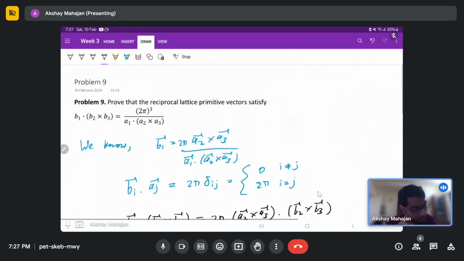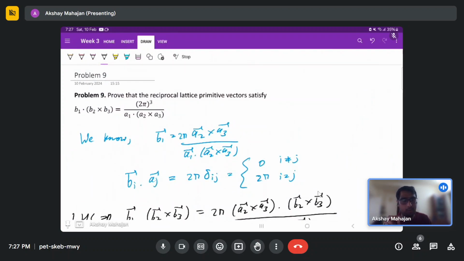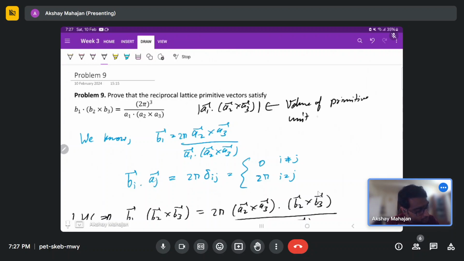And I guess there's a problem in your assignment as well this week, so here is a hint to solve it. This modulus of e1 vector dot e2 vector cross e3 vector is basically the volume of your primitive unit cell.